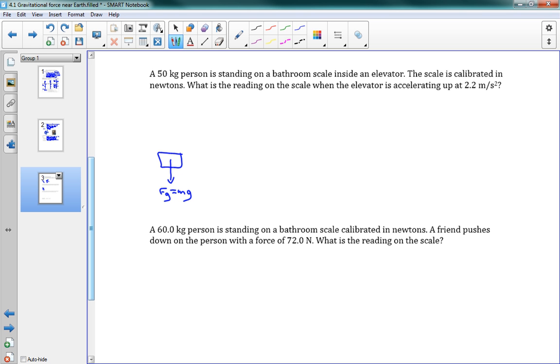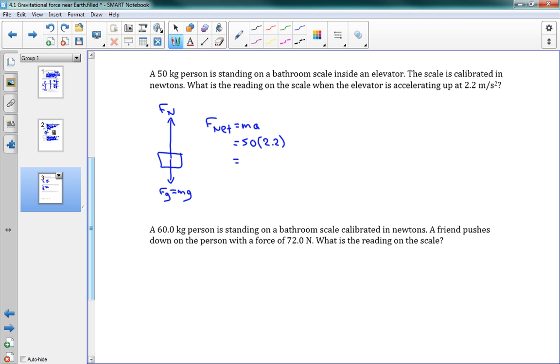Now, they also have a normal force acting up on them, and they're accelerating upwards. So that means that this normal force must be larger than gravity. And we know that our net force, F net, that's equal to ma, which in this case, our mass is 50, and our acceleration is 2.2.